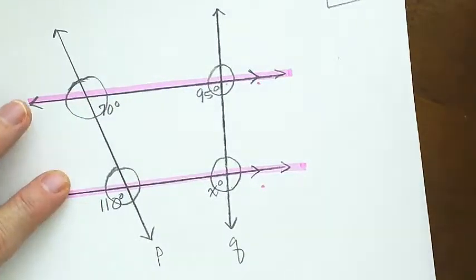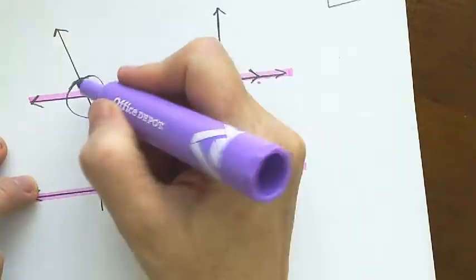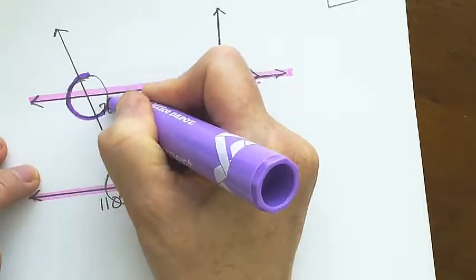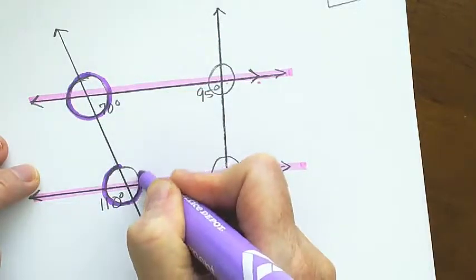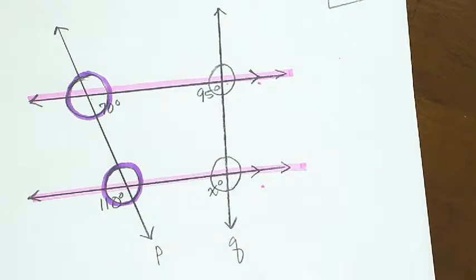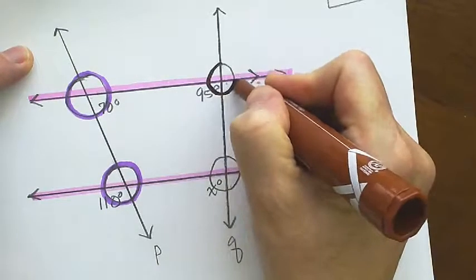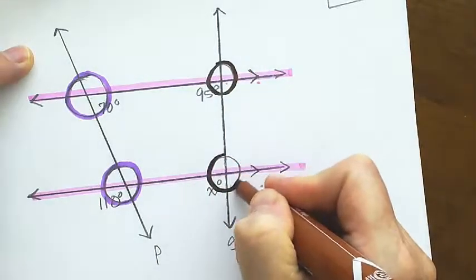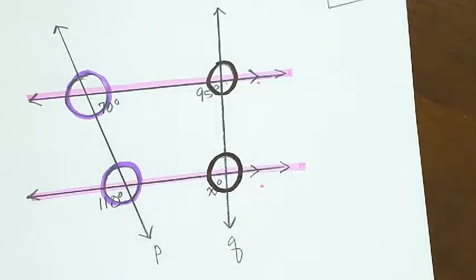So let's do some color here. These are going to be the same. I don't know if this is going to look different, but these are going to be the same. And we're solving for x. Actually, you really just need to be clear with which angles match up.